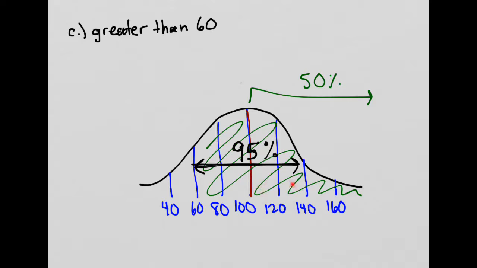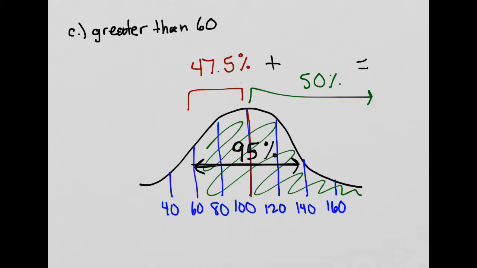We need to take this 50% and add these two standard deviation areas to the 50%. And we know half of 95 is 47.5 because we just did that. So we can go ahead and just add 47.5 to 50.